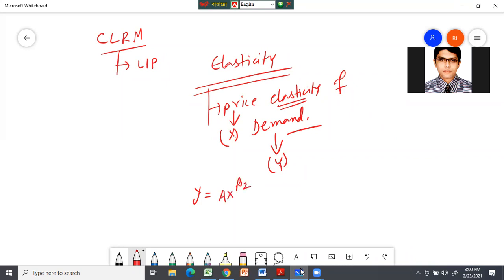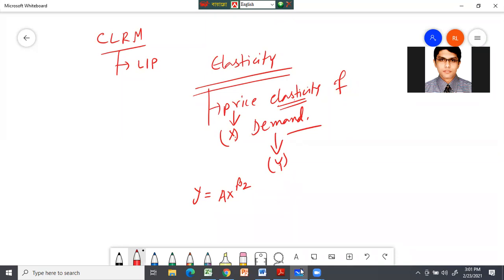Beta 2 is the exponent or power on the X. So from this model, it is very easy to understand that this model has a variable which is not linear because it has an exponent beta 2. So we will have to reconstruct this model in such a way that these variables found in nonlinear form become linear.